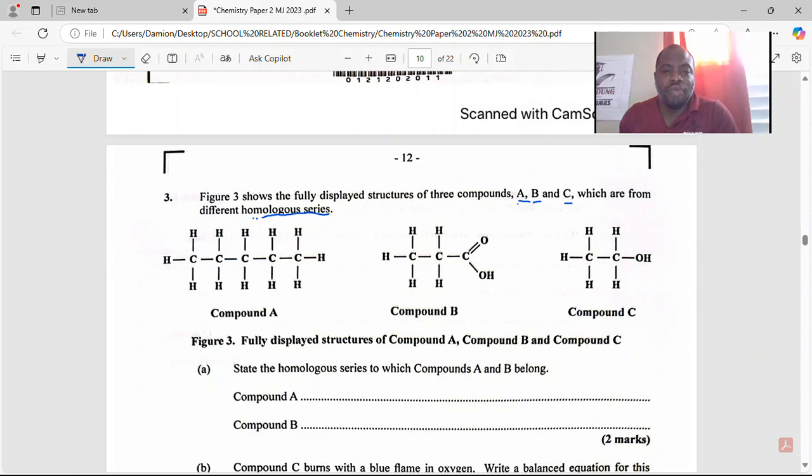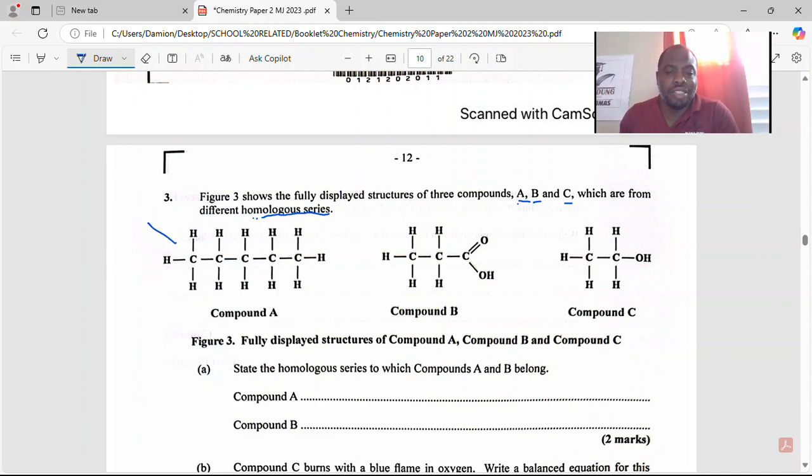So we are recognizing that in this compound, we're not seeing any double bond, any hydroxyl group, or any acid functional group, and so we're only seeing carbon to carbon single bonds. So which homologous series does this belong to?